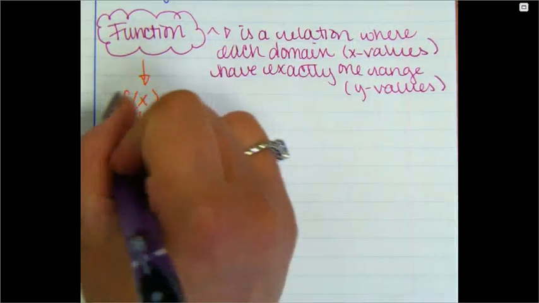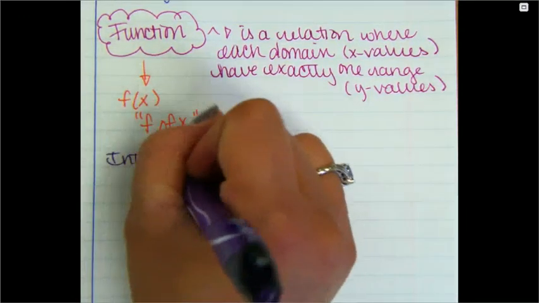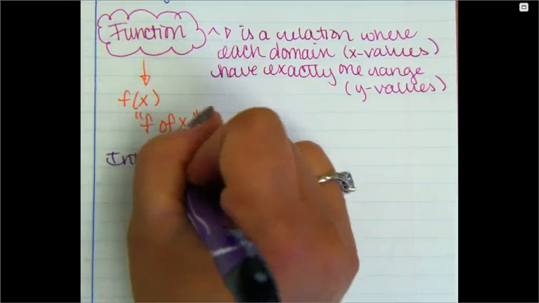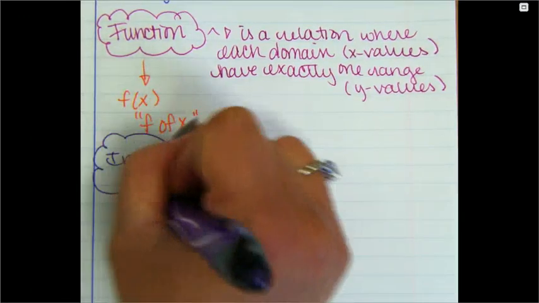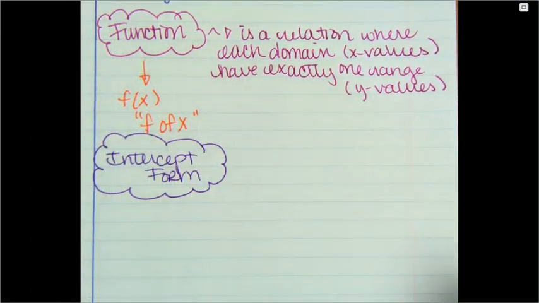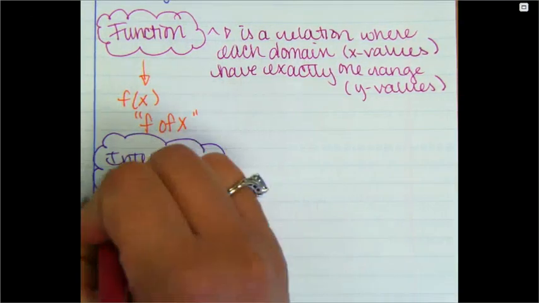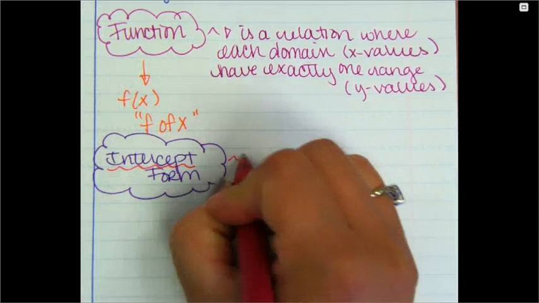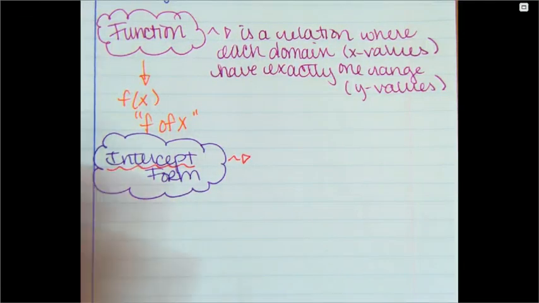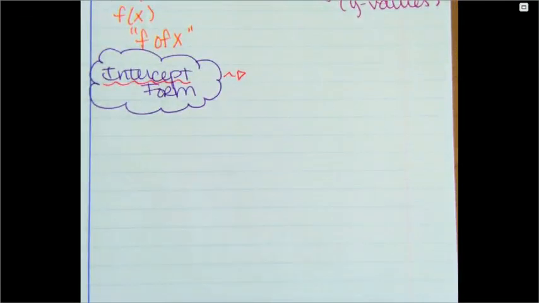So we have intercept form. But before we go into intercept form, let's talk about what it means to be an intercept. Let's write the definition of intercept first. What does it mean to be an intercept?